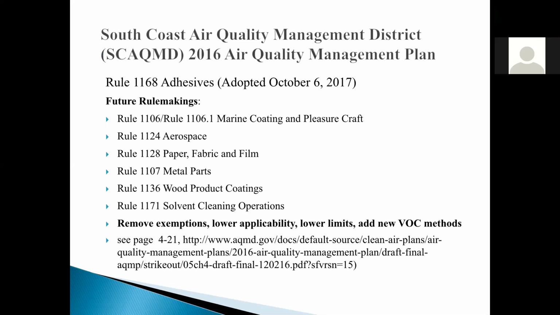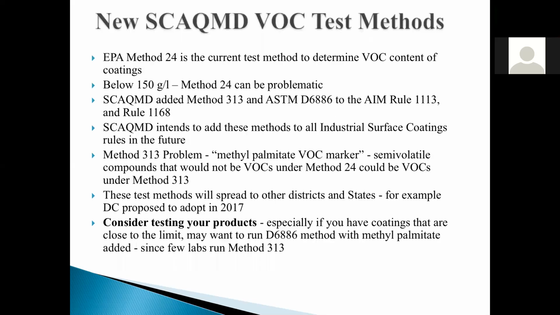I'm going to mention a new method in a minute, but instead of using Method 24, South Coast has a new VOC test method. They call it South Coast Method 313, and there's an associated ASTM method, D6886.